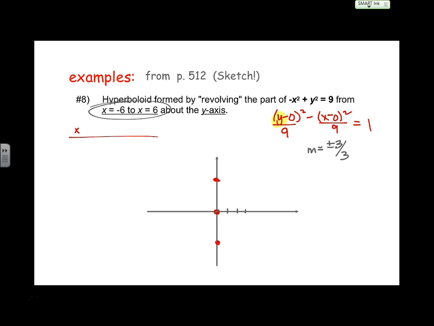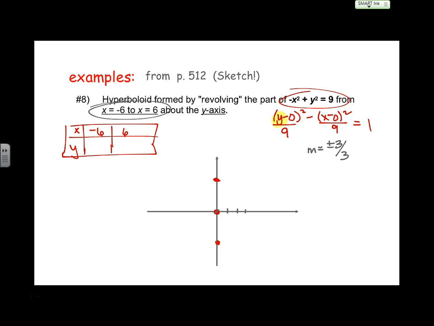So if we plug in -6 and 6, trying to figure out what y is equal to, we could solve it for a little bit and say, okay, well, -6 squared, I would plug in there. 6 squared is 36 with a negative.